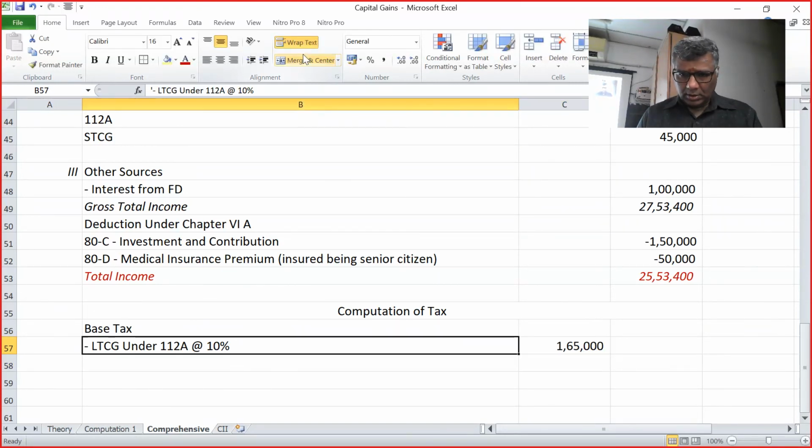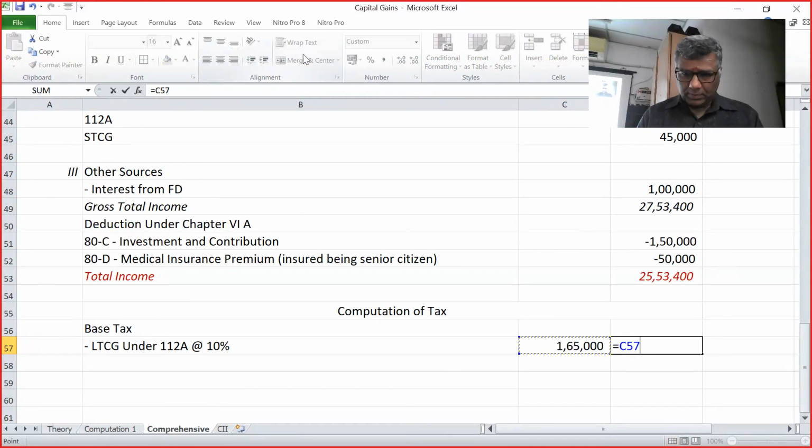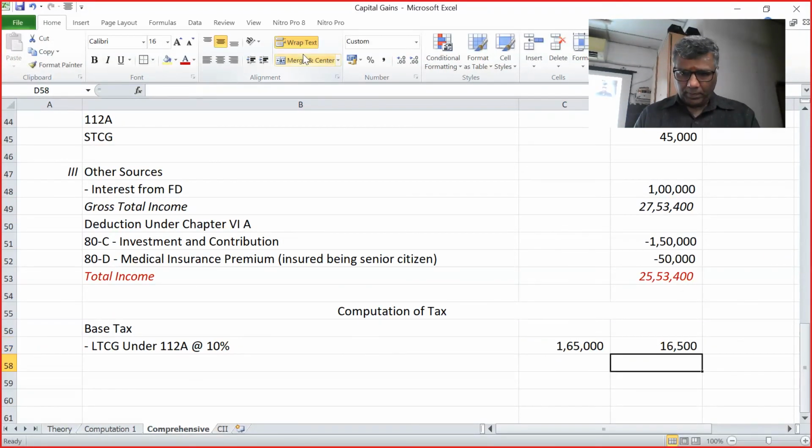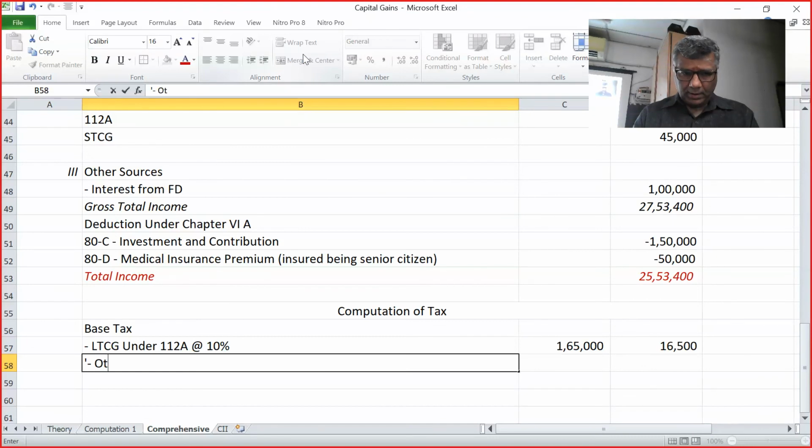Other LTCG at 20%. The debt-oriented funds which you have is at 20%.